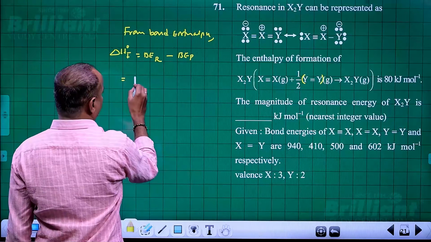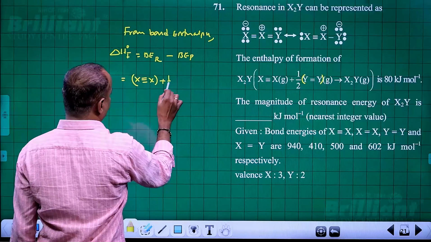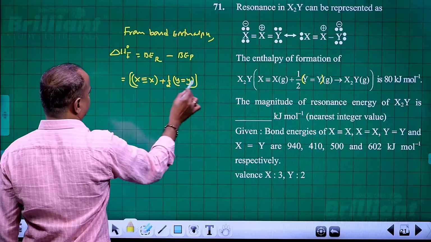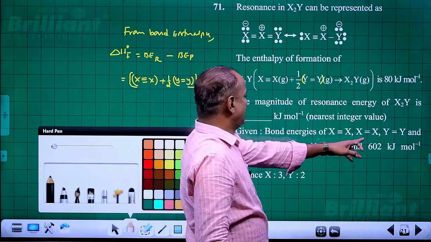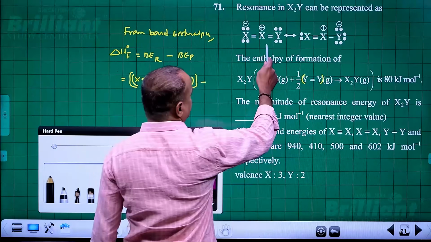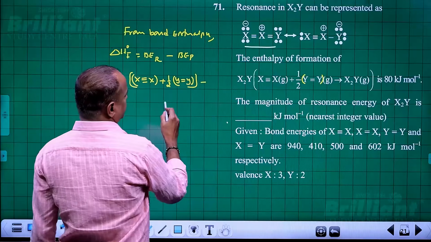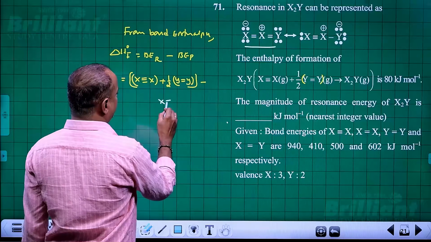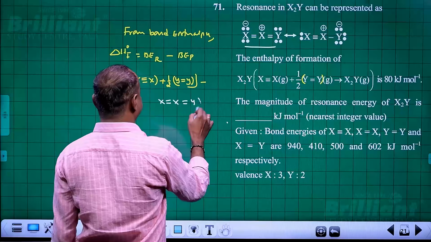Reactants are one triple bond X plus half molecule of double bond Y, minus products X2Y: double bond X and double bond XY in this one, because any one structure can be taken.